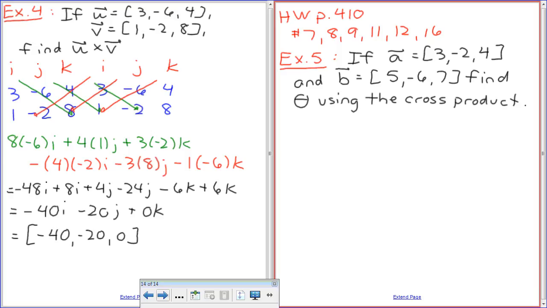Normally on a test I probably shouldn't tell you, but I'd give you this and say find it using the cross product and with the dot product. You should get the same answer. So this one you should have to do.